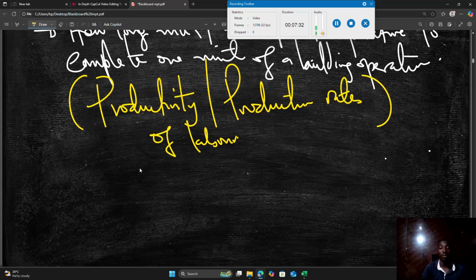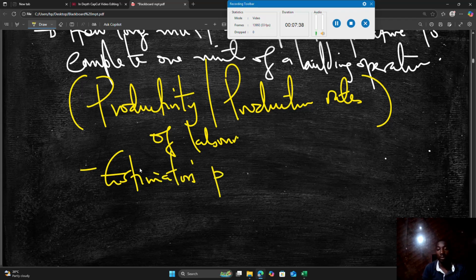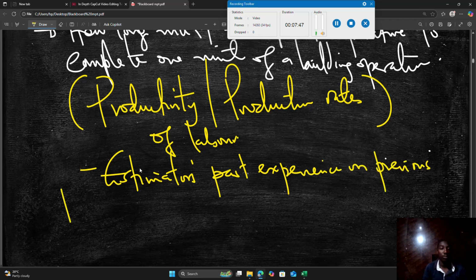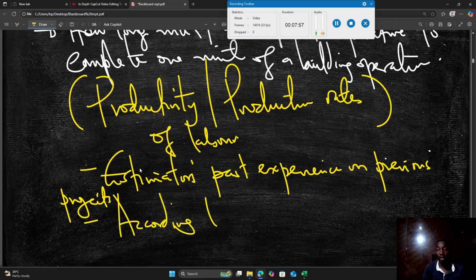This will require the estimator's past experience on previous projects, and as we know, productivity or production rates vary according to the operation characteristics.